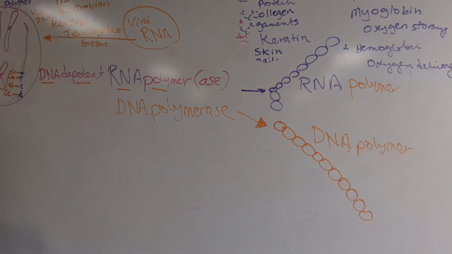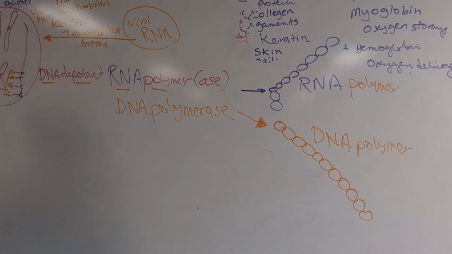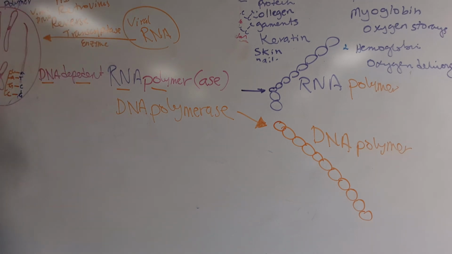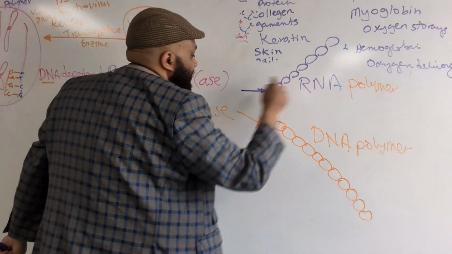So what am I going to use? An RNA polymerase or a DNA polymerase? To bring it back to DNA, yeah. I'm going in this direction. So remember I told you, if I'm going to make RNA, I'm going to need an RNA polymerase.